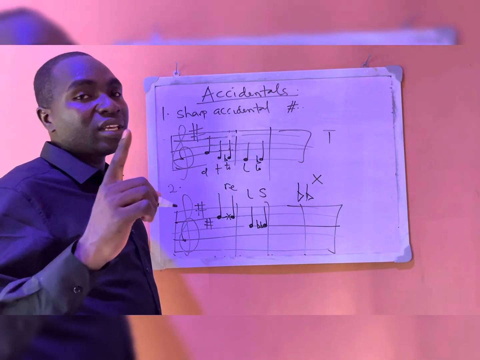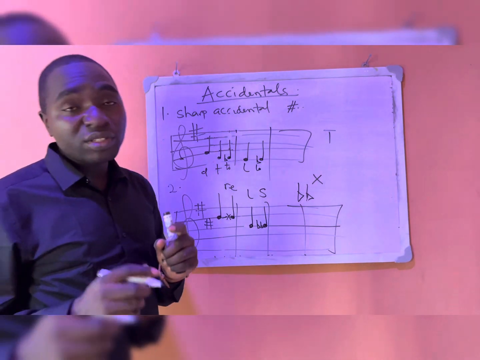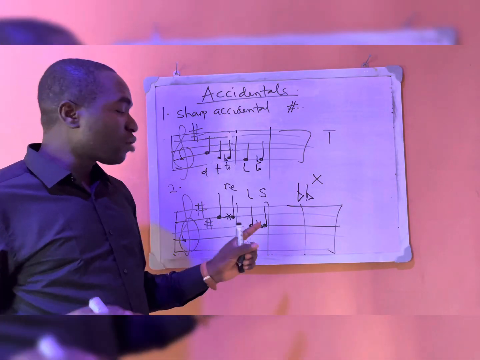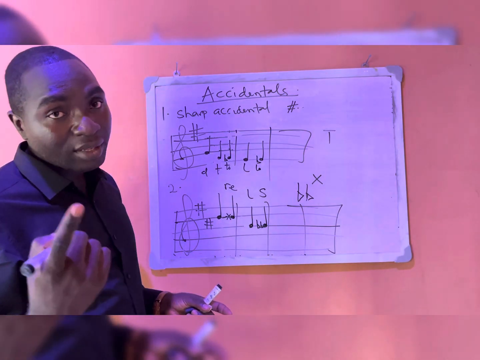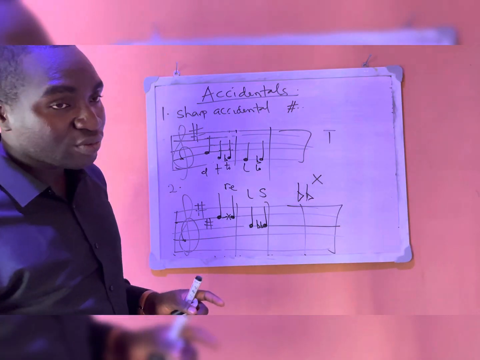If it were to be a flat accidental which reduces a note by a semitone, it will be lo. But now we have so because it is a double flat accidental. Although this type of accidentals are not very common, they are very possible for you to see them.